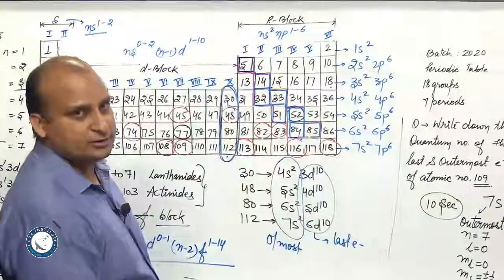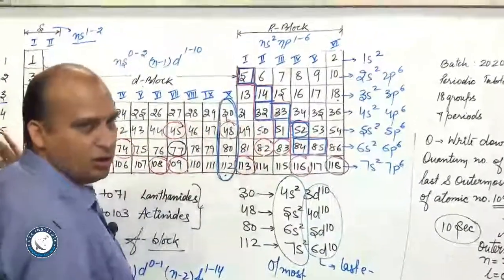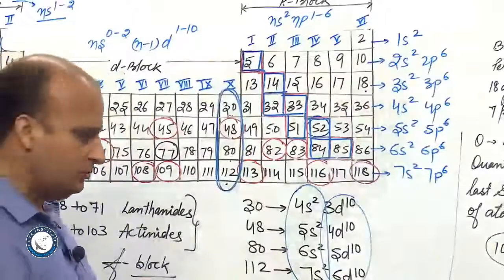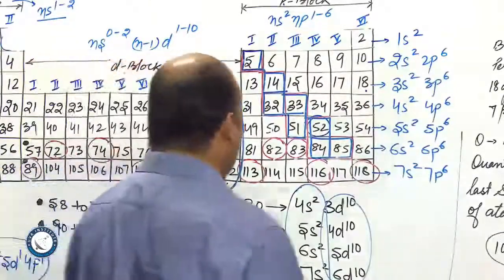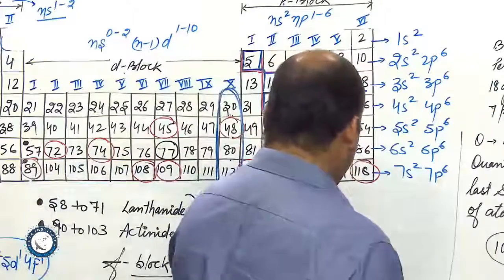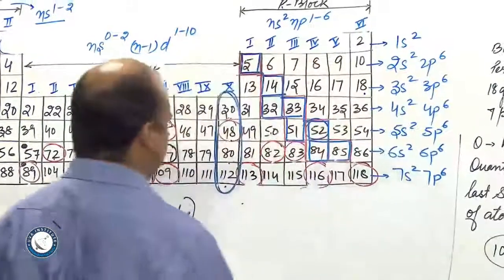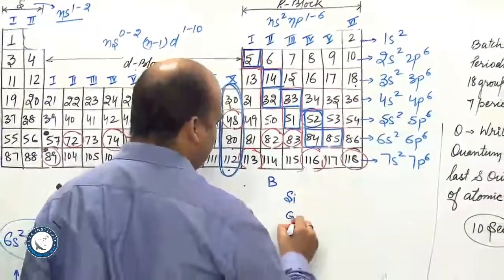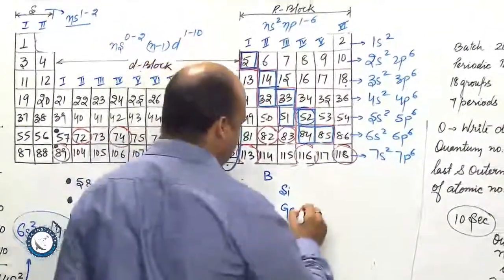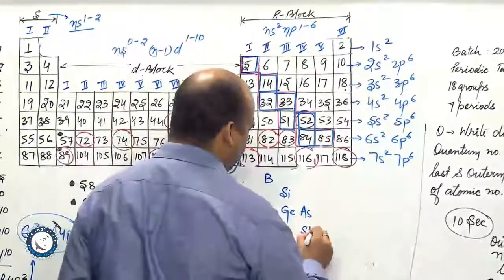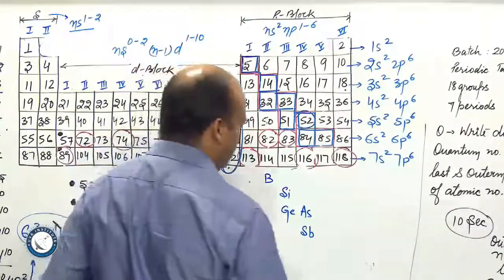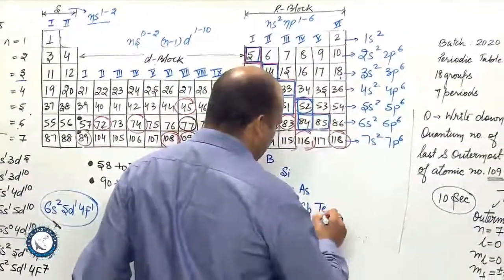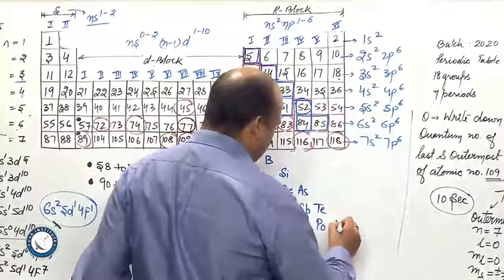These are metalloids. On the left hand side all are metals, on the right hand side all are non-metals. Okay? If you want to write them down, this is boron, silicon, germanium, arsenic, antimony, tellurium, polonium and astatine.